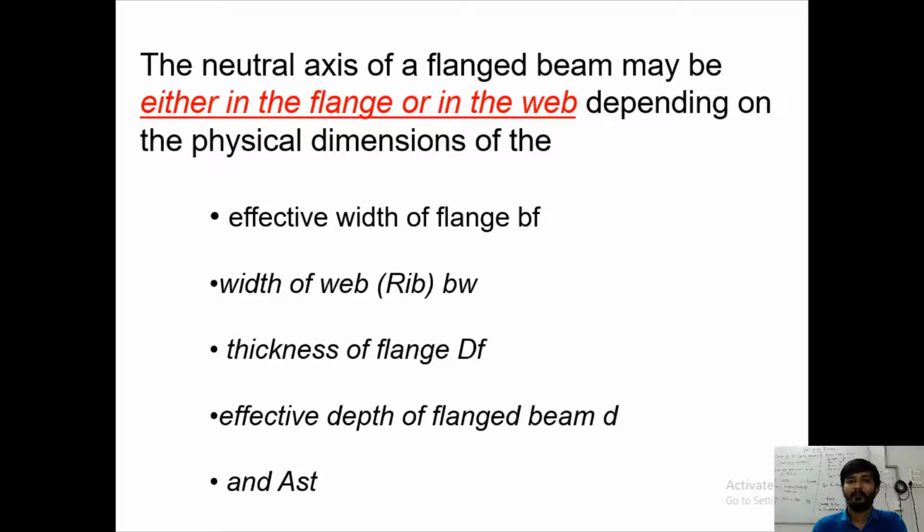The neutral axis of the flange beam may be either in the flange or in the web, depending on the physical dimensions: first, effective width of flange bf, width of web bw, thickness of flange Df, effective depth of flange beam d, and area of steel. So depending on all these parameters, the neutral axis can either be in the flange or it can be in the web also.